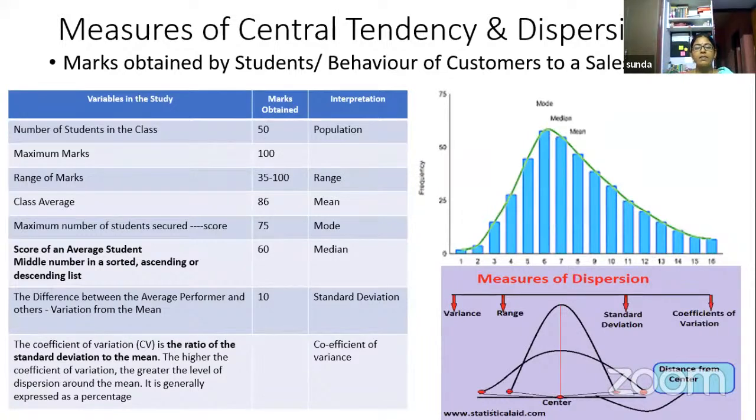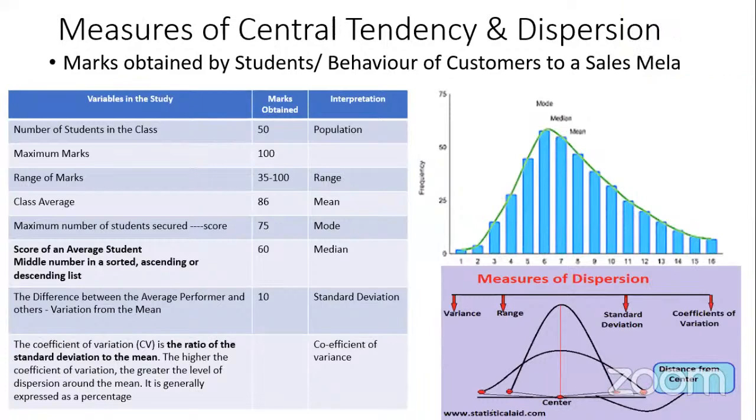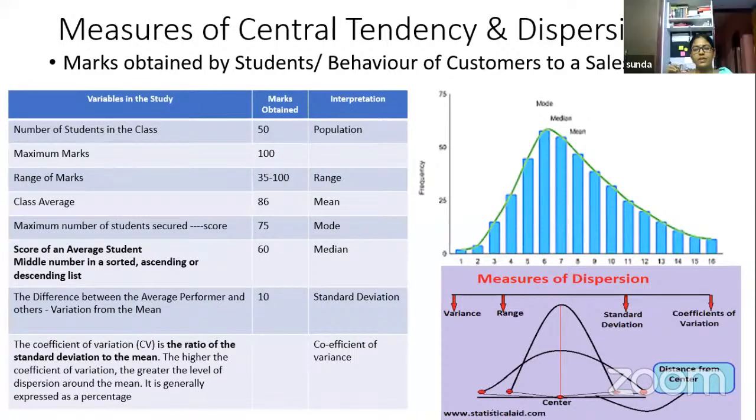And then we have the measures of dispersion, where standard deviation and coefficient of variation are measured. Standard deviation tells you the difference between the mean score and the performance of any other performer in the class, the variation from the mean. So assume a person has scored 42 marks.